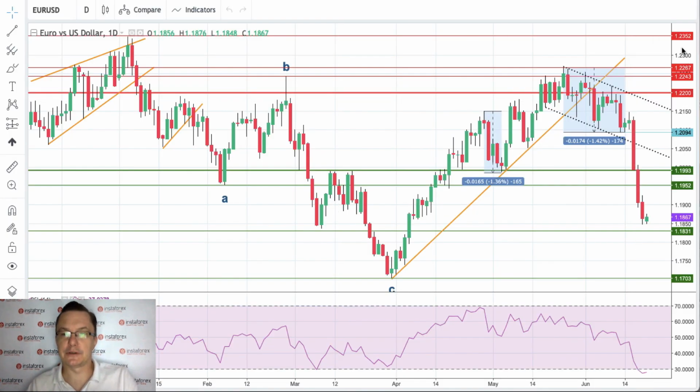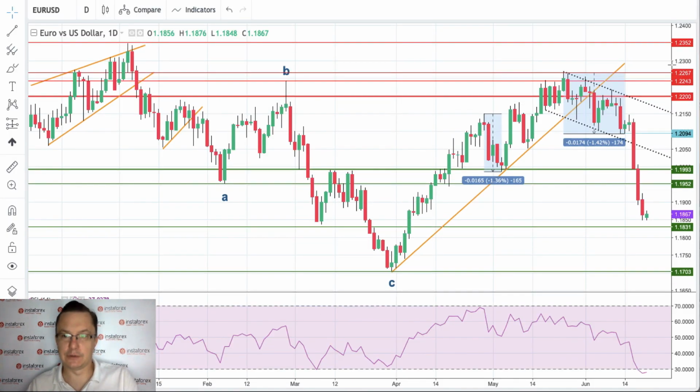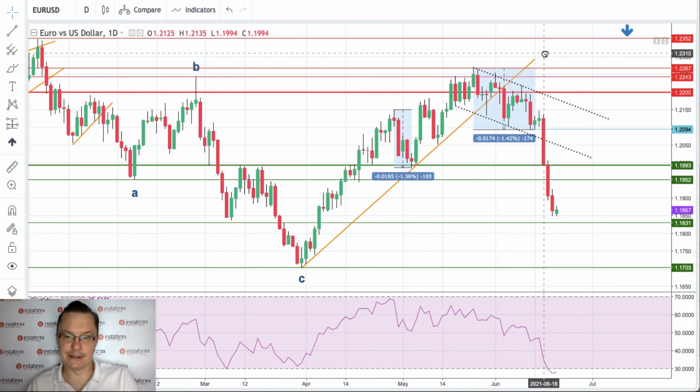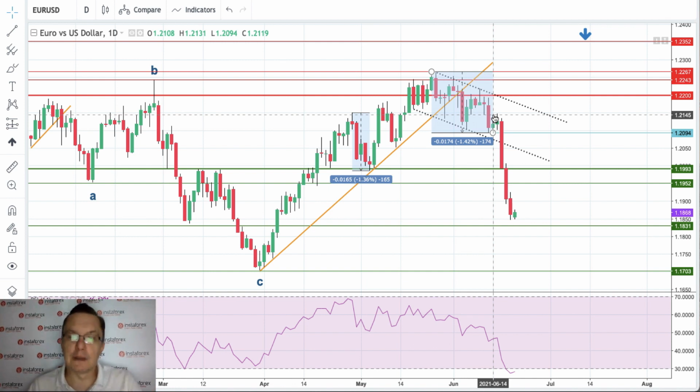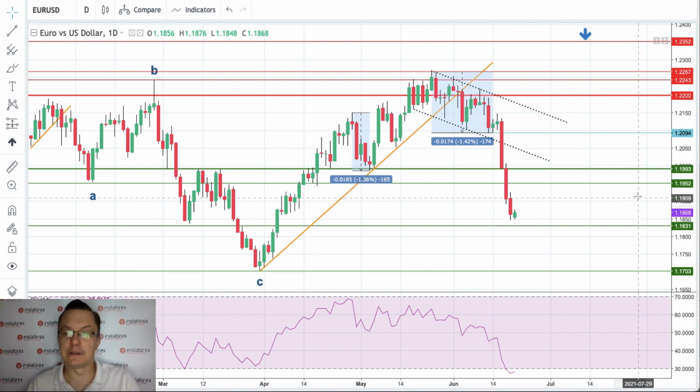What do we have at majors? This is the daily time frame chart of the euro dollar, and as you can see, we got this very fast movement below this technical support at 1.1993. So this is the first technical support that had been violated.